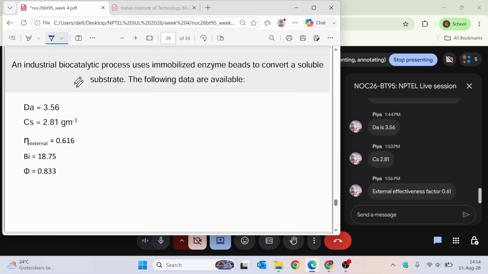And what happens next is your internal effectiveness factor. That is kind of a difficult question for you to answer now. But when you talk about first order sphere and the internal effectiveness factor, eta I, the equation comes out to be this.